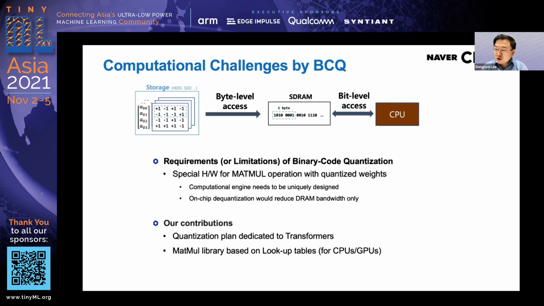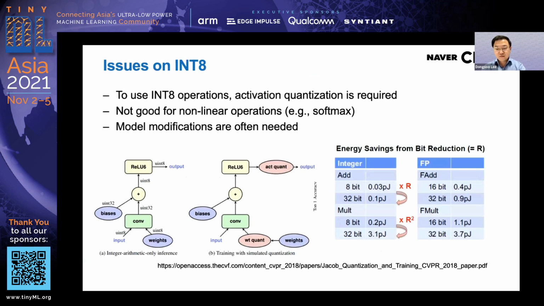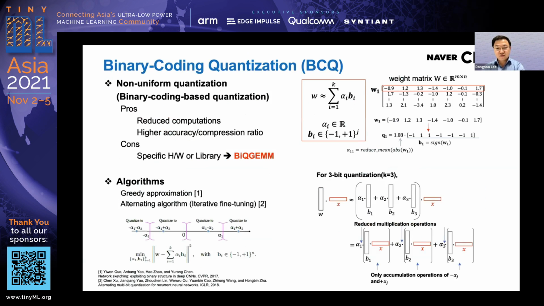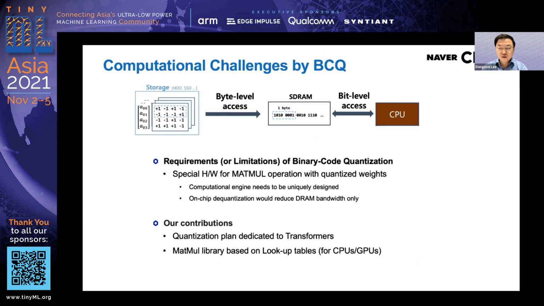One of the possible solutions to support such bit-level memory access is to design FPGAs or ASICs.